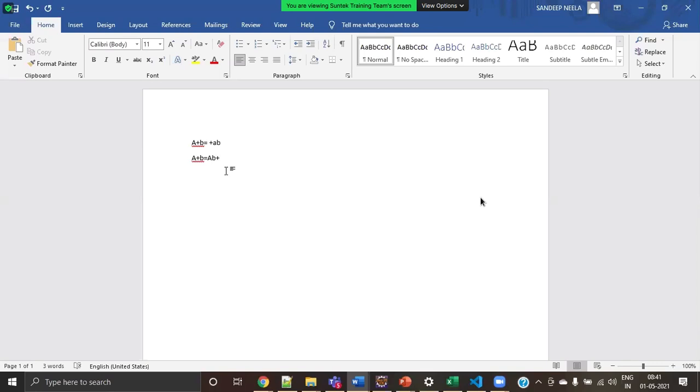If the operator is in between, A plus B, then it is infix only. You got it? Pre means the operator comes left and operands come right. Post means operands come left, operator goes right. Did you understand, Hemant?